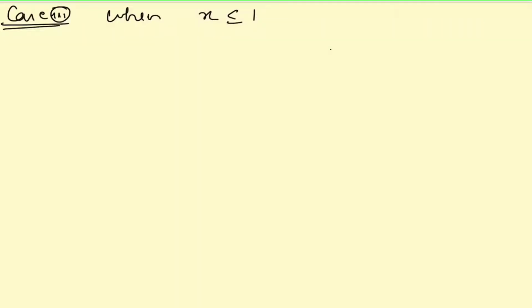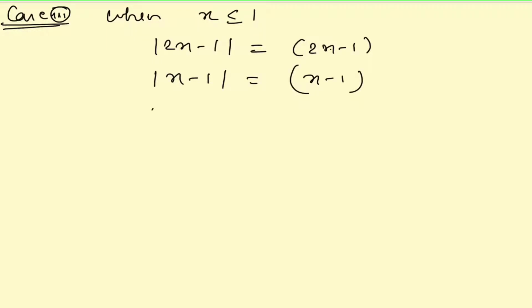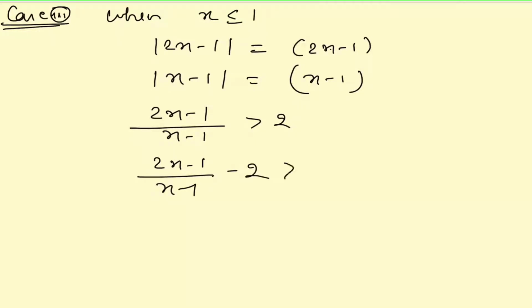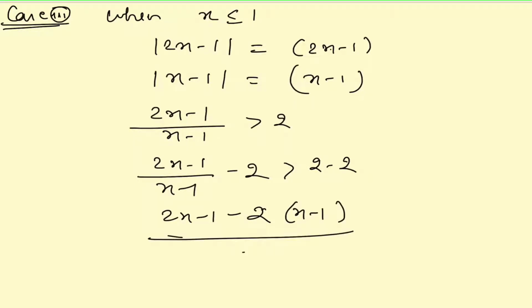So we are moving towards the third part, that is when x is less than or equal to 1, mod of 2x minus 1 will open with a positive sign, and mod of x minus 1 will also open with a positive sign. So we get 2x minus 1 by x minus 1 greater than 2. Now we subtract 2 from both sides: 2x minus 1 minus twice of x minus 1, whole upon x minus 1 greater than 0.